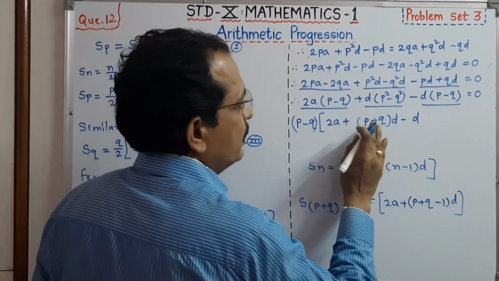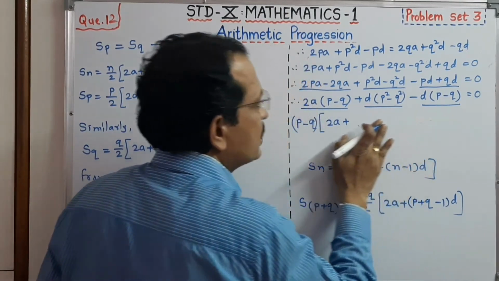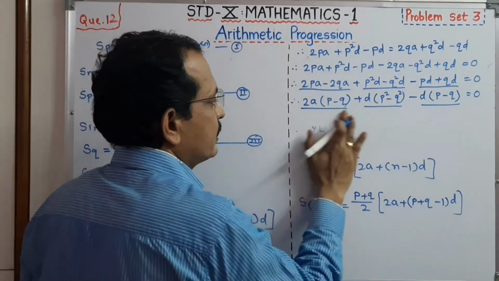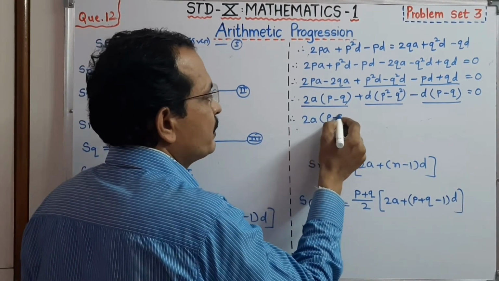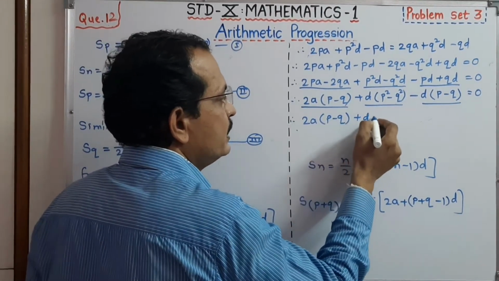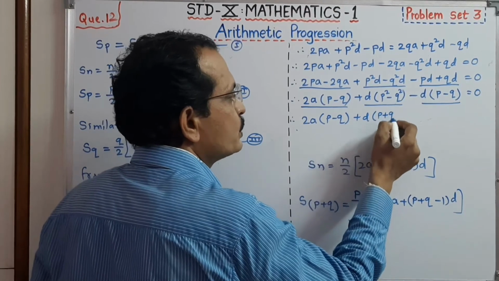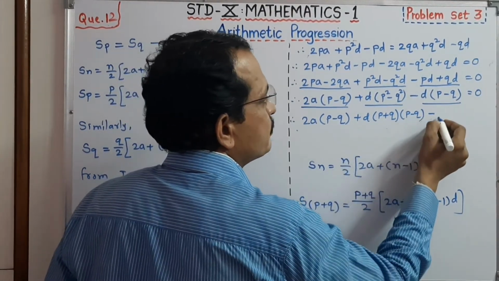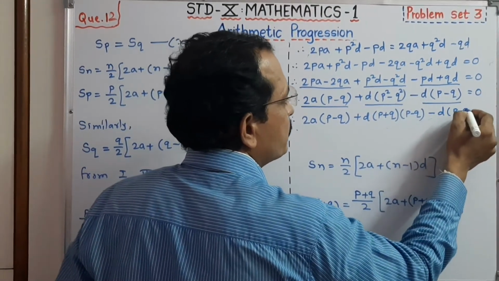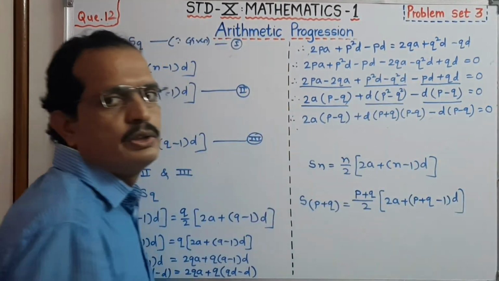Now see here, I explain this again. I can write here 2a into p minus q plus d into p plus q and p minus q. Here it is minus d and here it is p minus q is equal to 0.